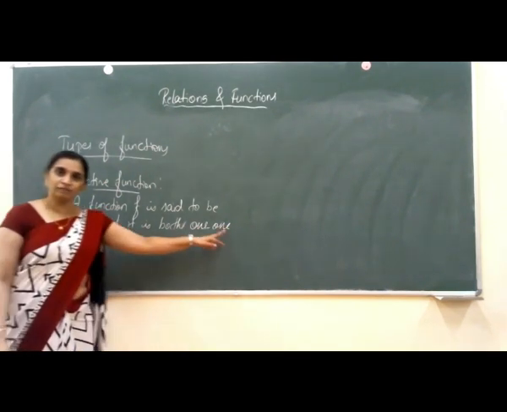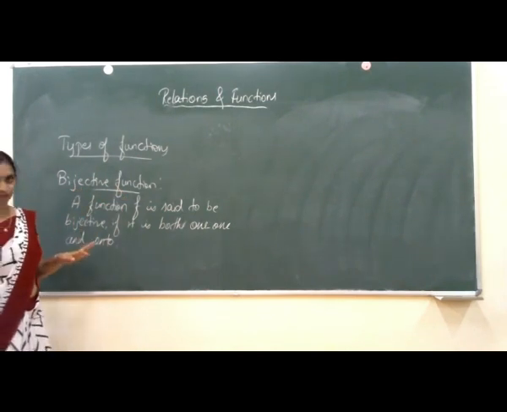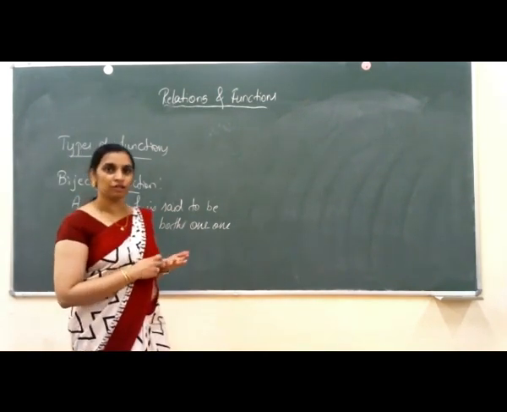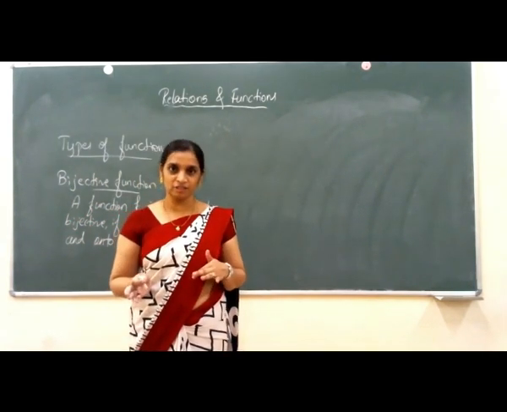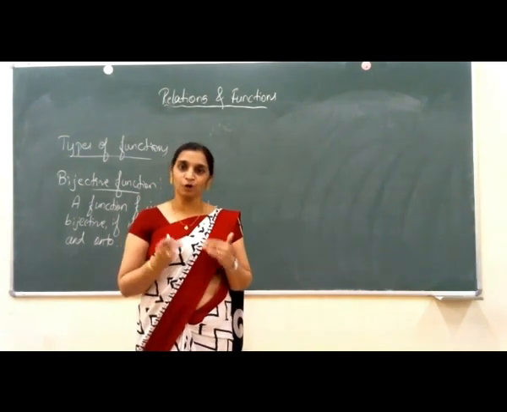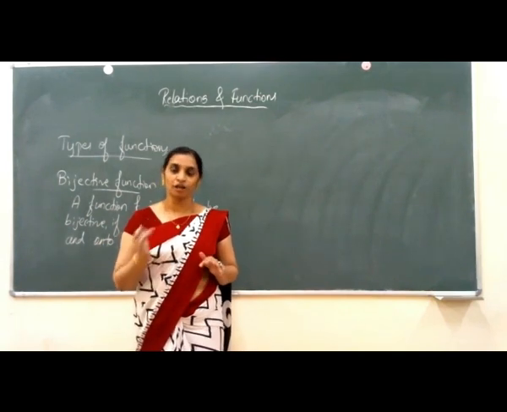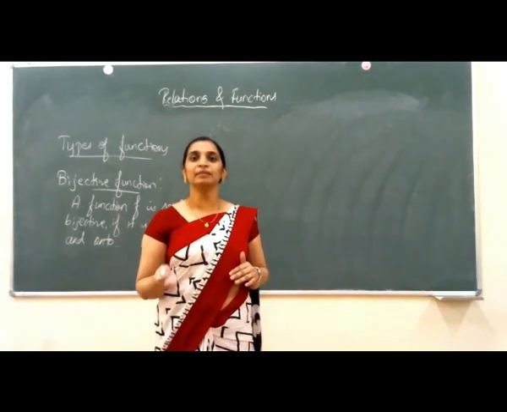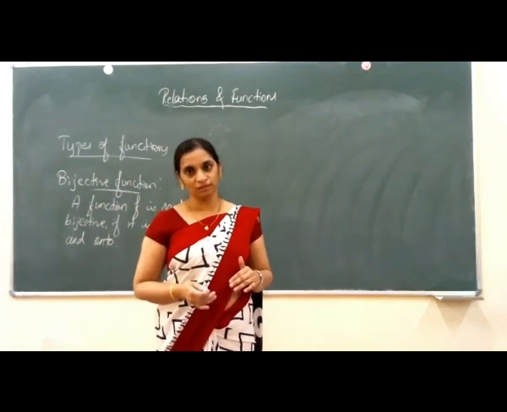If it is both one-one and onto, then the given function is bijective function. So already we have studied what is one-one. One-one means different elements, different images. Many-one, different elements, same images. And onto means codomain and range both are same. Or in other words, we may say every element in codomain must have a pre-image in the domain.